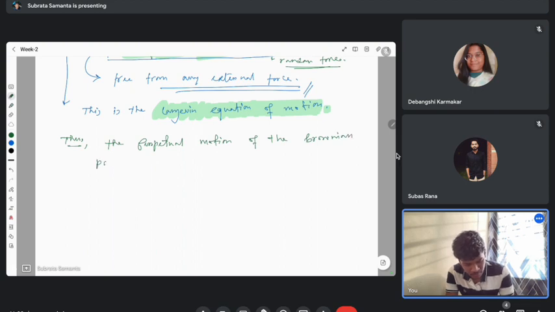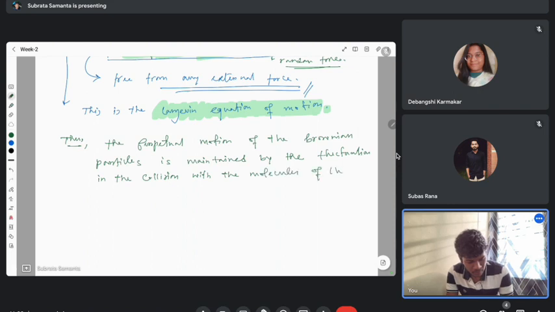The Brownian particle motion is maintained by the fluctuation in the collisions with the molecules of the surrounding liquid.